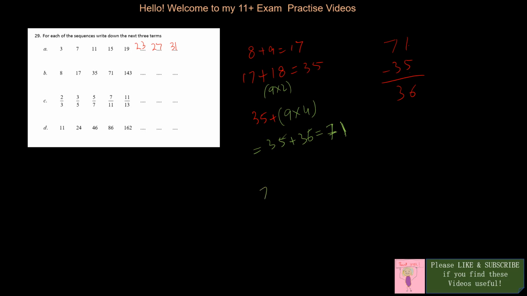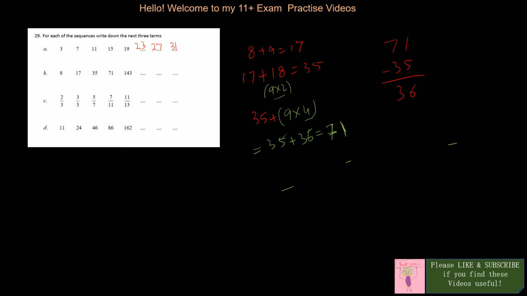So the next one will be 71 plus 9 times 6, which is 71 plus 54. Sorry, oh, no. Gosh, no, sorry. It's double, you know. So we have 8 plus 9 is 17, and 9 times 2 is 18.